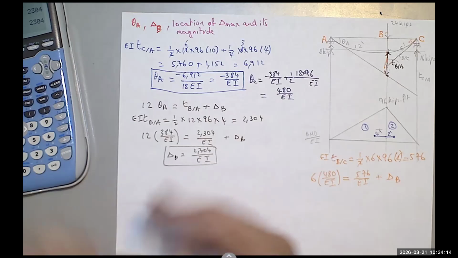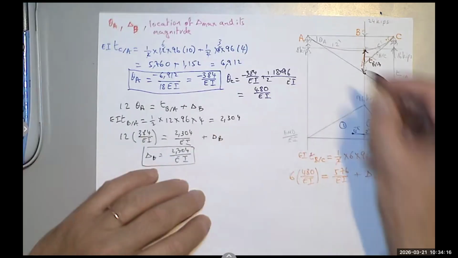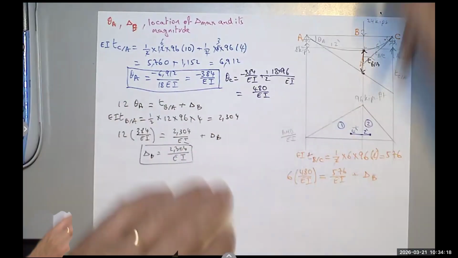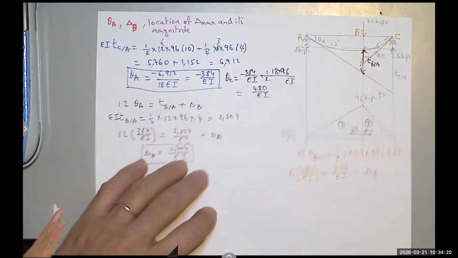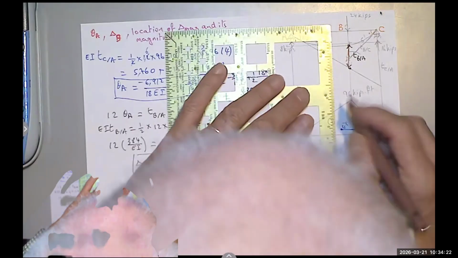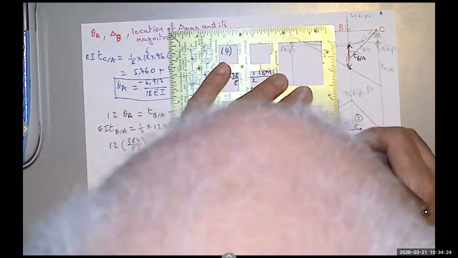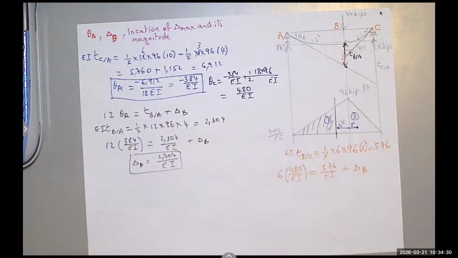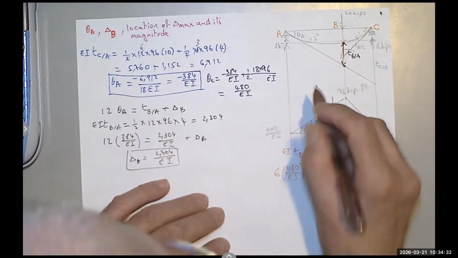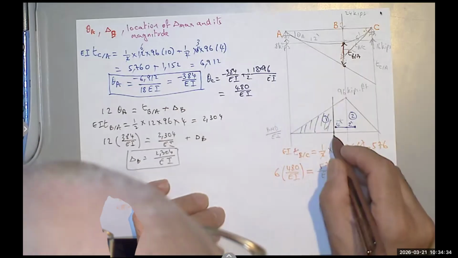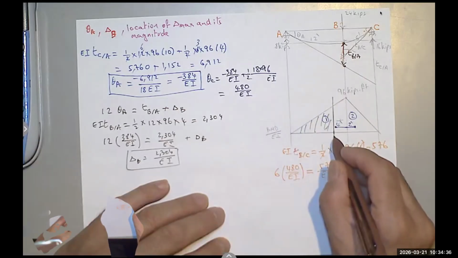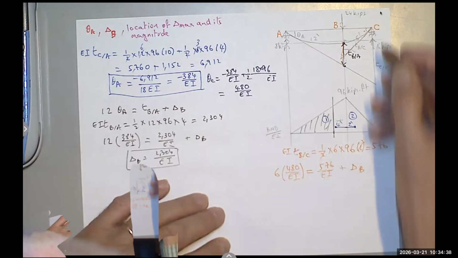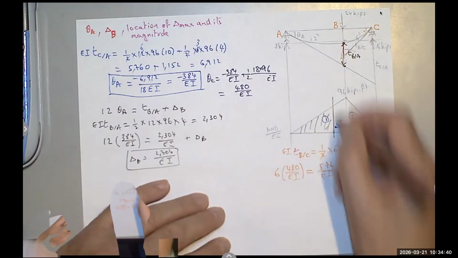So basically, we want the area under the bending moment diagram divided by EI to equal theta A times X, if we call that distance X, or theta C times that.